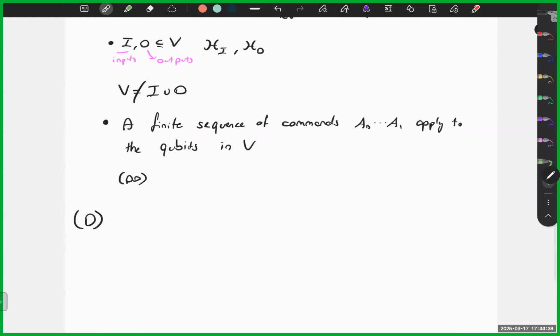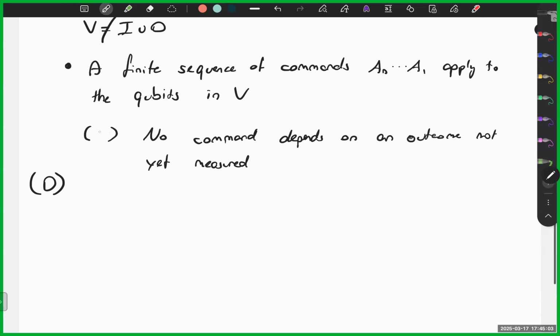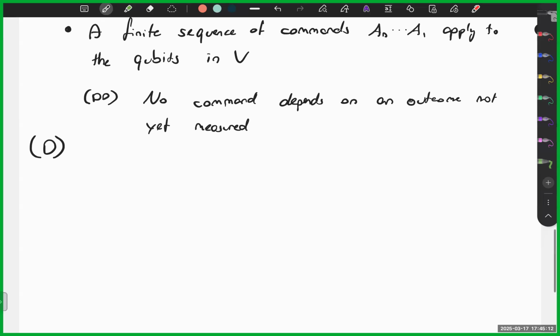D0 will be the restriction that says no command depends on an outcome not yet measured. So I can write D0. I think it just makes sense because otherwise we cannot do anything, since we don't have the measurement yet.